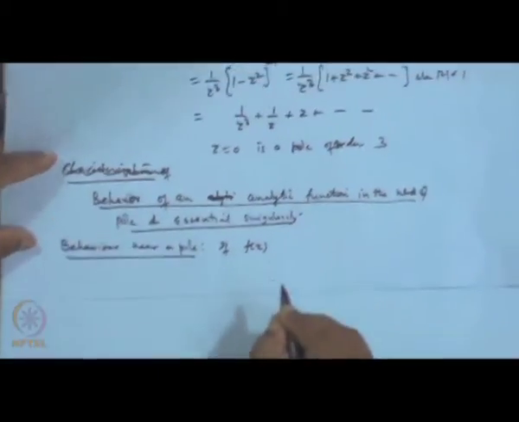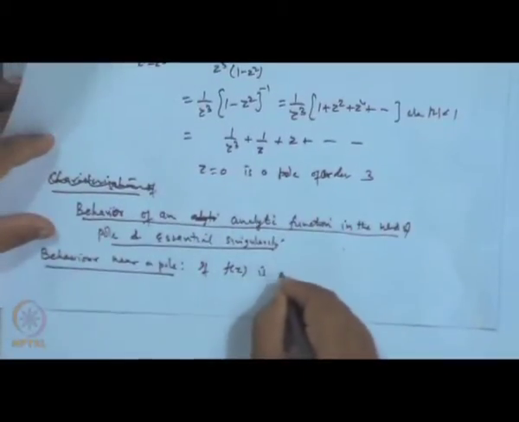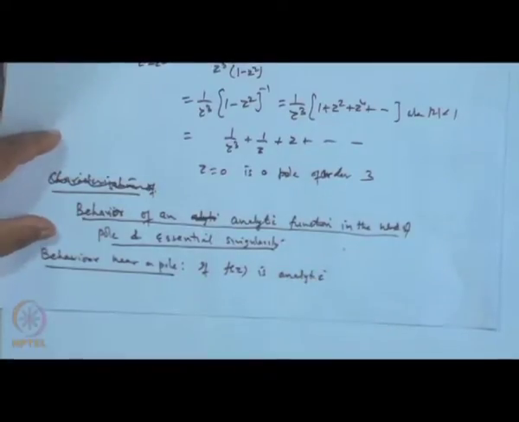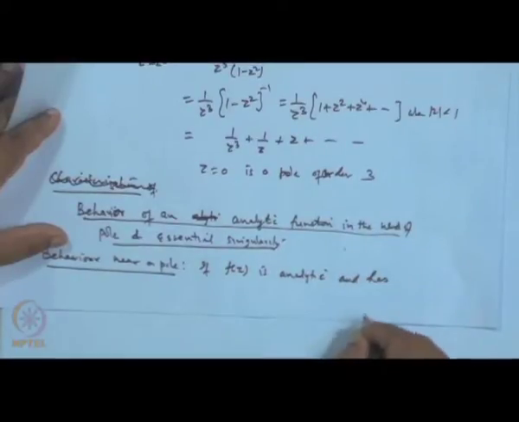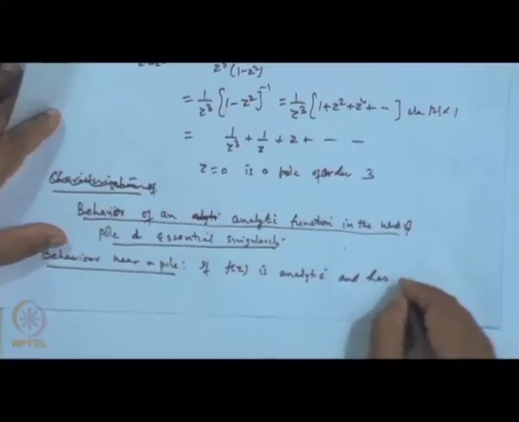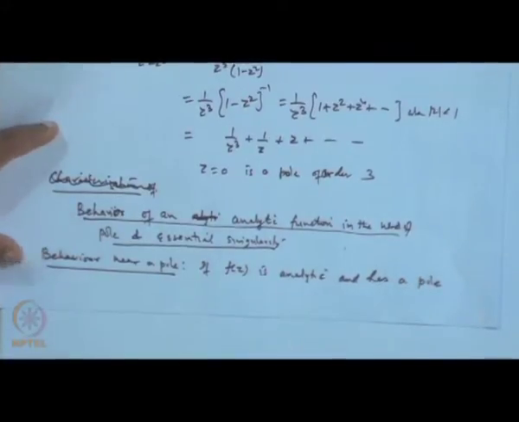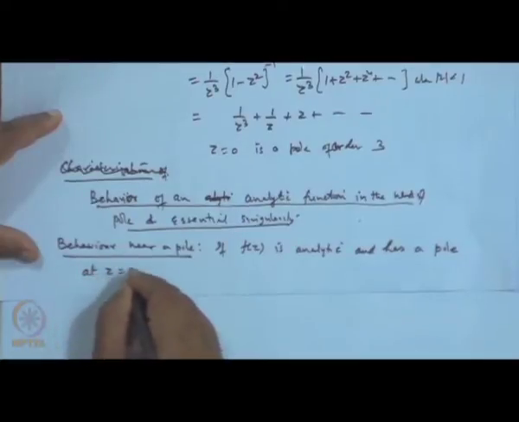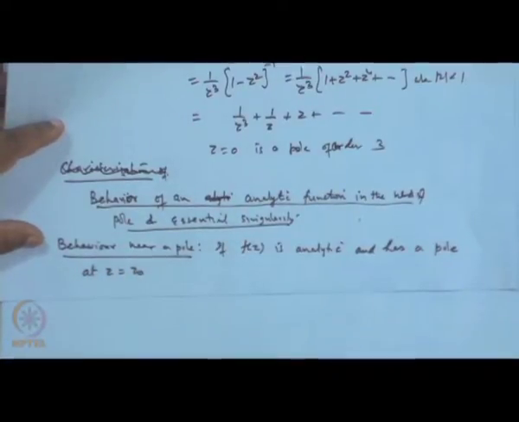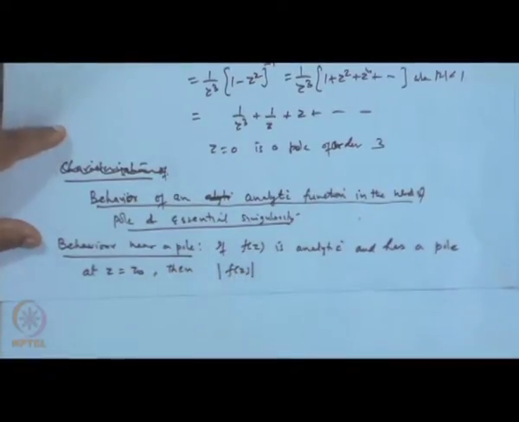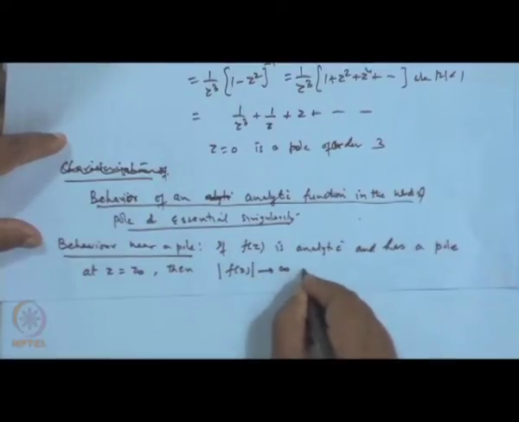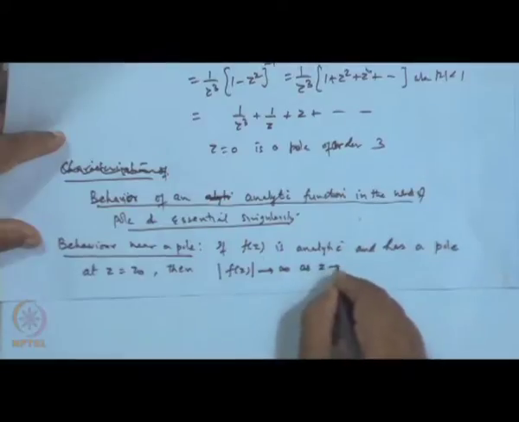It is given like this: if the function f z is analytic and has a pole at z equal to z naught, then the absolute value, the modulus of f z, will tend to infinity as z tends to z naught in any manner.